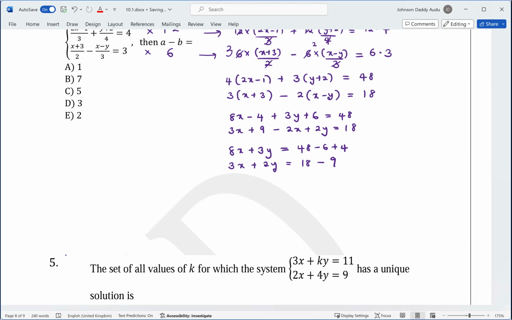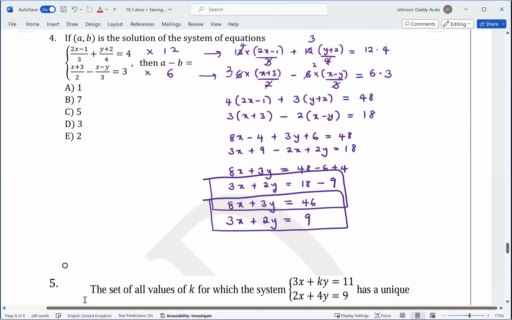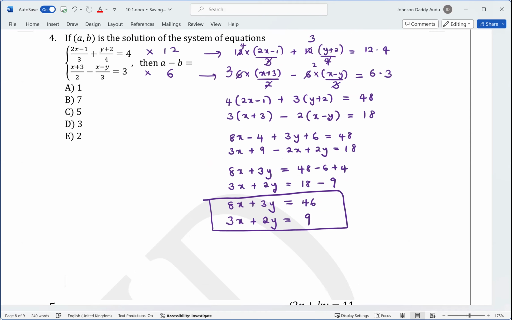All right, so this is just 8x plus 3y equals 46. And here we'll have 3x plus 2y equals 9. So we have this system, after clearing the fractions.